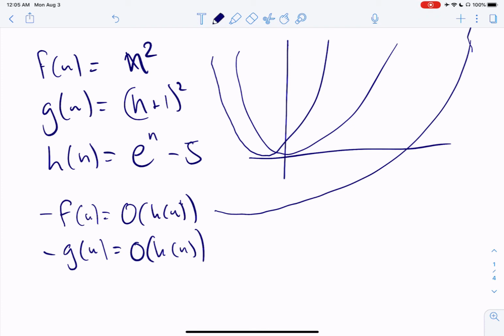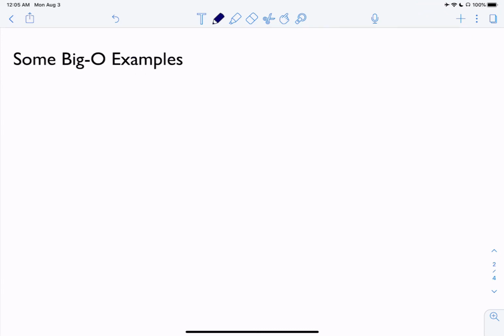These things will eventually cross. If I keep drawing these things, this guy will go above this curve eventually. But f of n and g of n grow at the same rate in the long run, asymptotically.